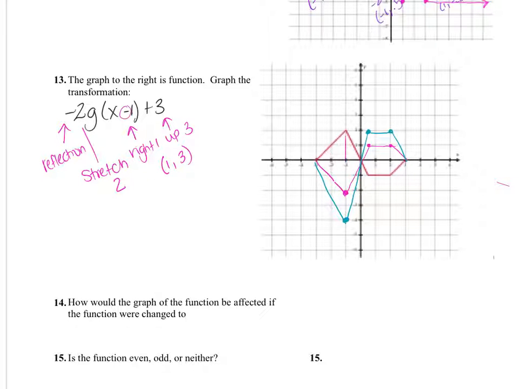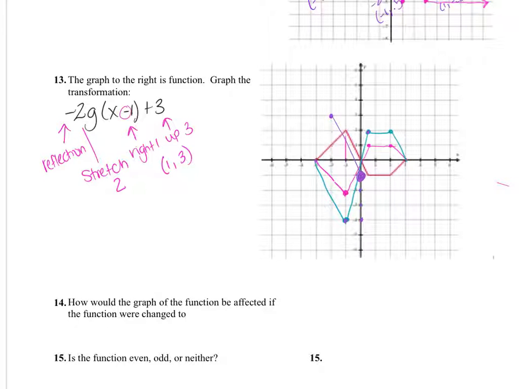So for this one, we're going to move this point right 1, up 1, 2, 3. We're now going to move this point right 1, up 1, 2, 3. Connect them. We look at this point right here.